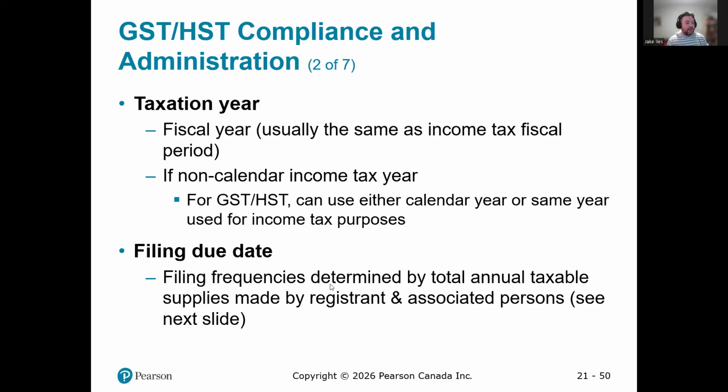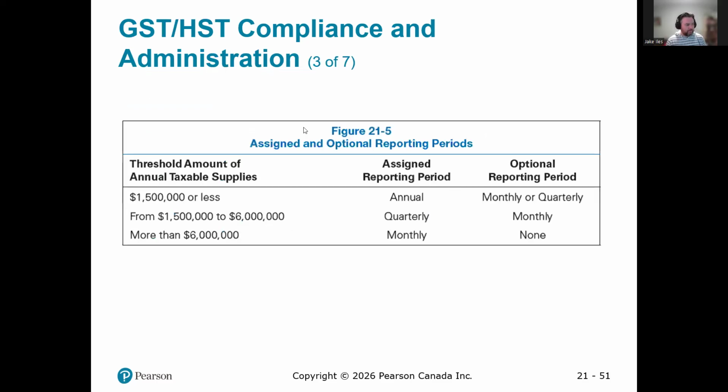The filing frequencies are determined by the total annual taxable supplies made by the registrant and its associated persons. If the annual taxable supplies are 1.5 million or less, they'll assign you a reporting period of annual, which means if you're still roughly a small business, you'll be filing your sales tax at the end of the year.